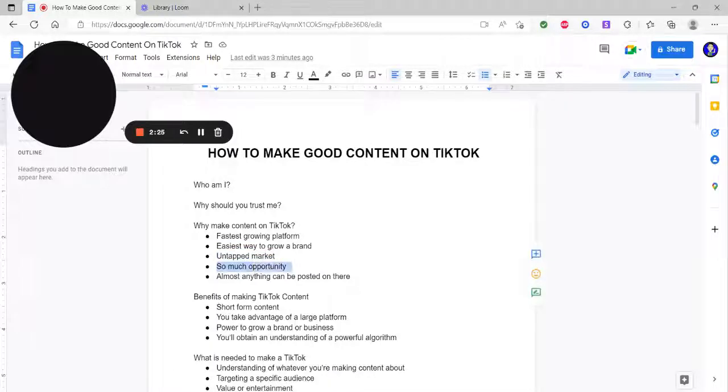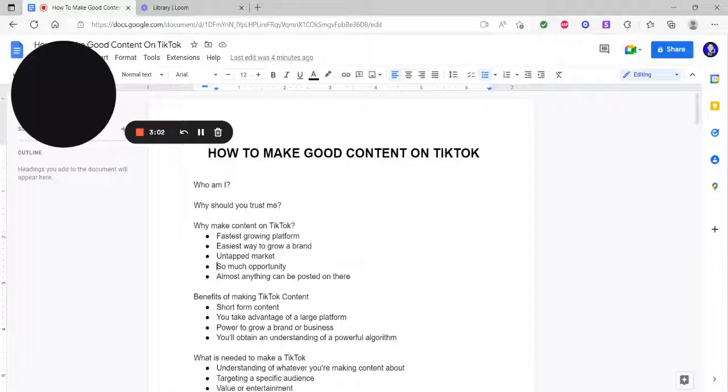There's so much opportunity. There's so much money to be made, but there's also a lot of value you can get from TikTok. There's literally so much content that you can make, and I'll get to that in a second. There's so much opportunity with what you can do and what you can see on TikTok, whether it's growing a brand, increasing your revenue through ads, or growing a following.